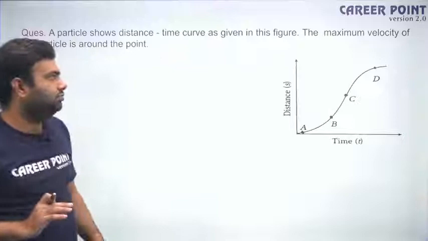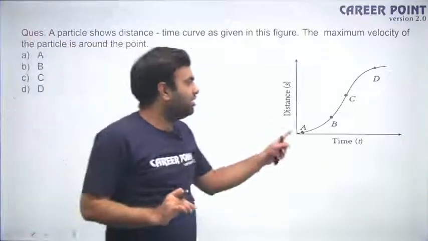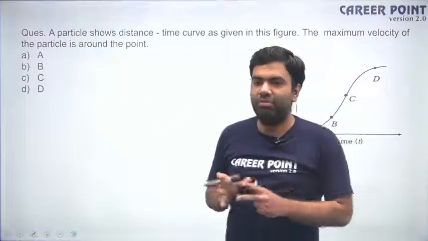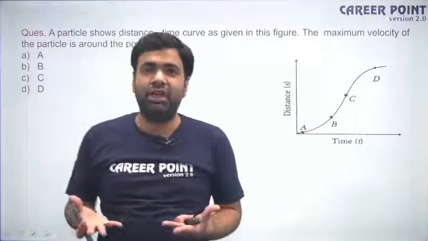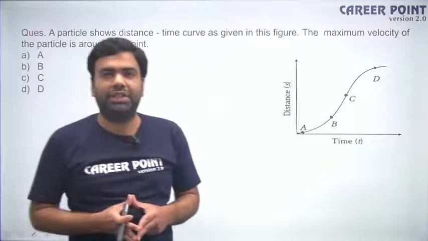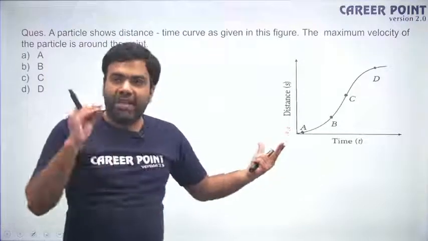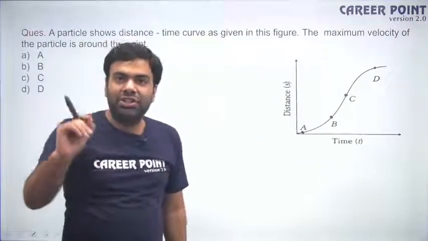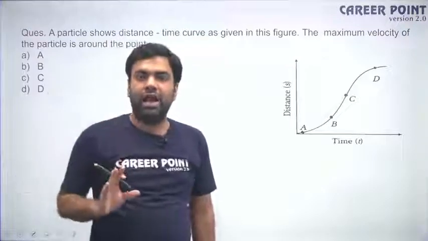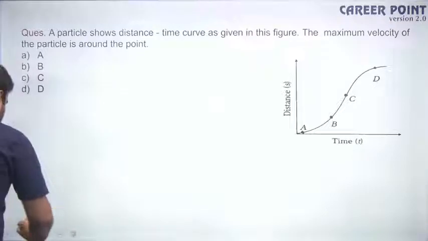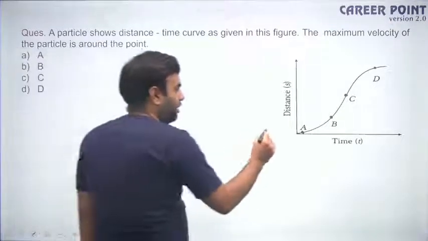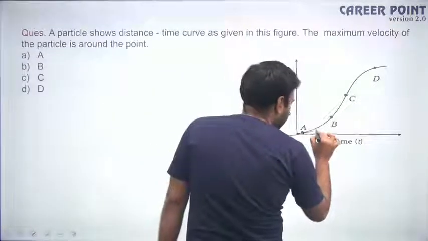As you can see, it is asking at which point we have maximum velocity. That means it is talking about instantaneous velocity, and you know how to find it. To find instantaneous velocity, draw the tangent at the given point and find the slope of that tangent. If I draw the tangent at point A, it will be like this.